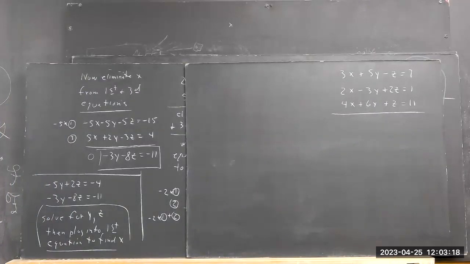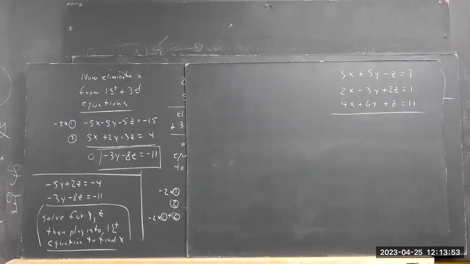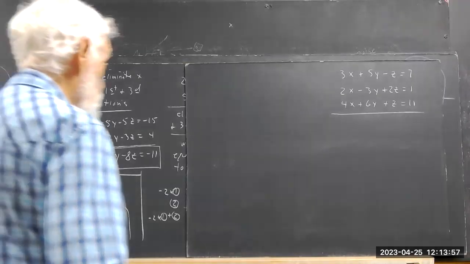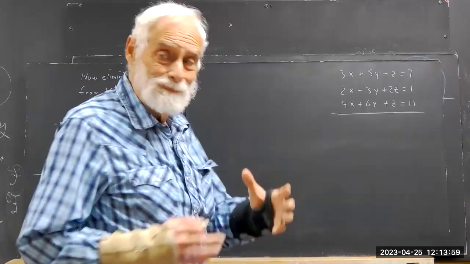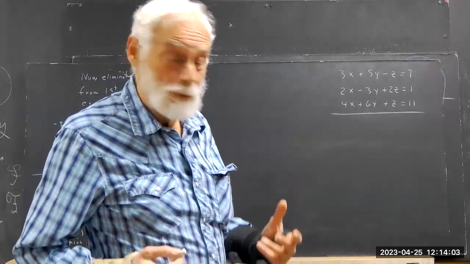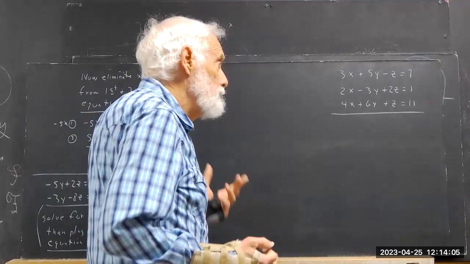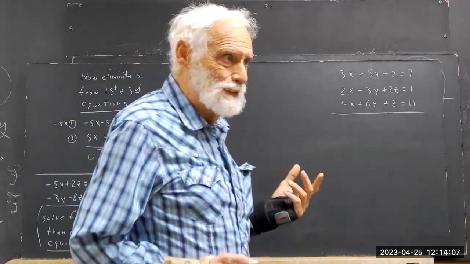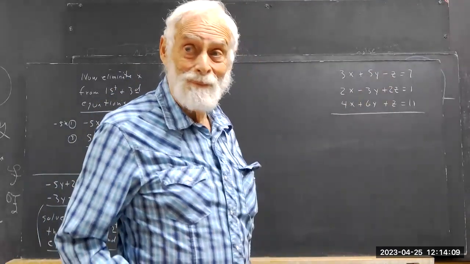Pick two equations and eliminate the variable between those two equations. Okay, now I'm going to need to move on with this. Make sure we're very, very clear about what we're allowed to do and what we're not. So I'm going to pick the easy variable to eliminate, which is z.